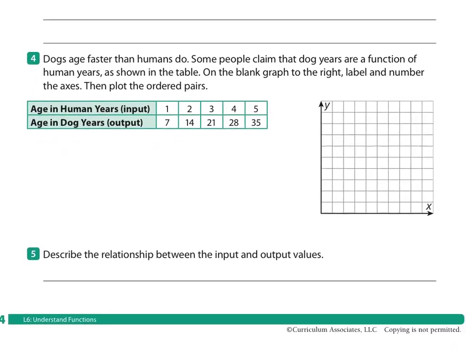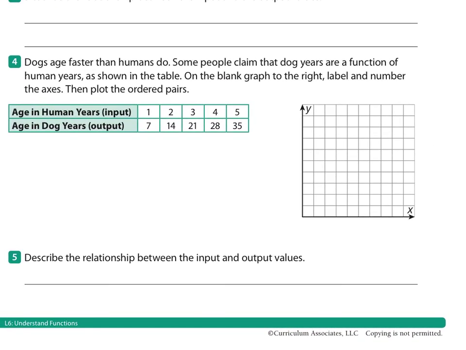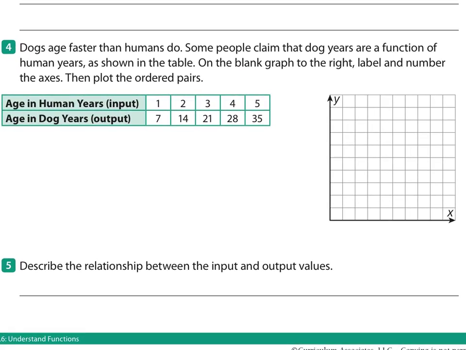And we have another graph, yay, that we get to make. This one has to do with the age in human years, that's our input, compared with the age in dog years. Maybe you've heard of this before. Like if I said, Mr. Fricky is, I don't know, 200 in dog years, but Miss Padone is 400 in dog years. Let's figure out how old we really are in human years.